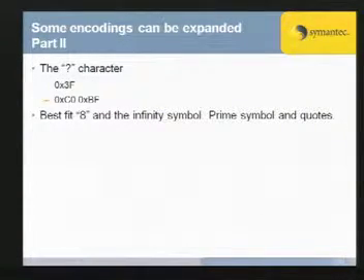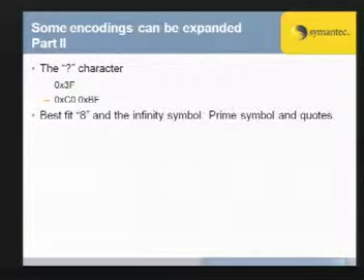Likewise, for Unicode, there are several ways you can represent a character. For example, the question mark, there are 2 ways you can represent the same thing. And if you are going from multi-byte to Unicode, there are some ways that you can do the conversion and some flags that you can use, such as best fit.